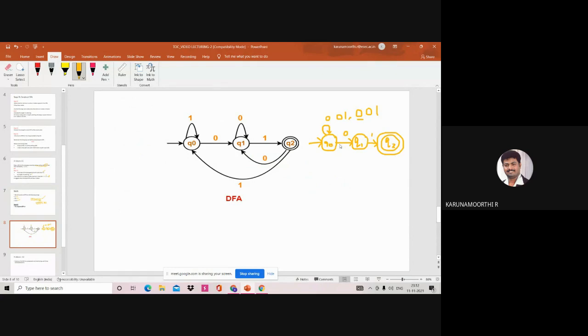Why? Because when I read the input symbol 0, it reaches more than one state, that is Q naught and Q1. What is my concept now? DFA, deterministic finite automata. So this is not the right place to put 0 in the Q naught state. Apart from that, where do I make the self loop for this 0? Instead of Q naught, you can put it on Q1.